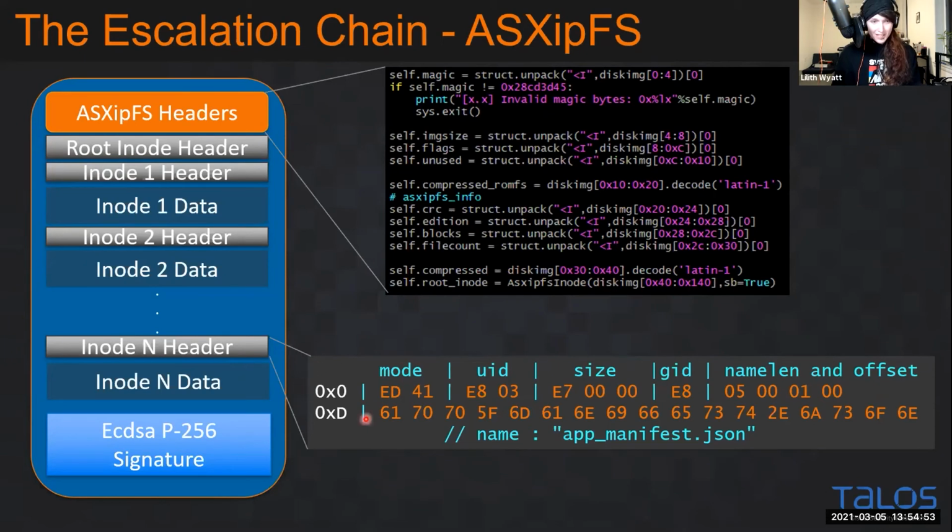We can see an example of what the inode headers are down here. Interesting to note is the UID and the GID of the file is contained here, but it's completely ignored by the system. Otherwise we would have just flashed an application that had root credentials right then. That would have been lame though. We can't do that.